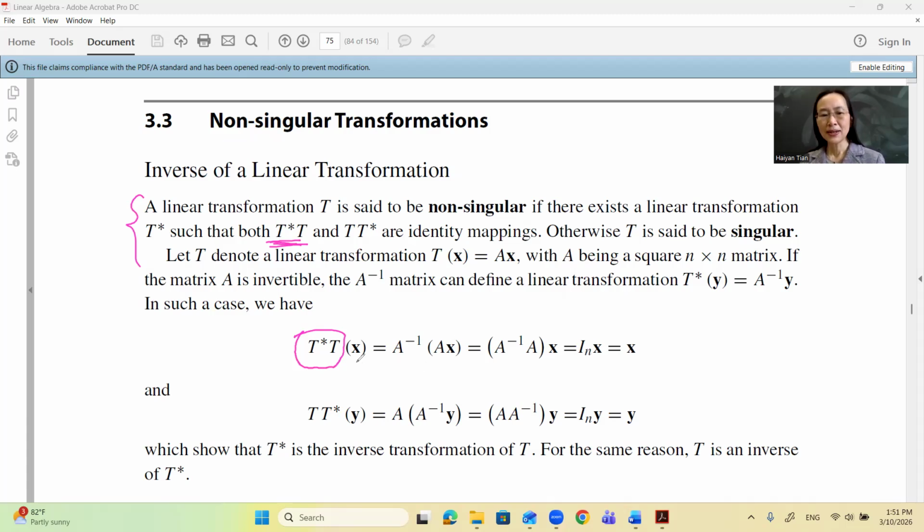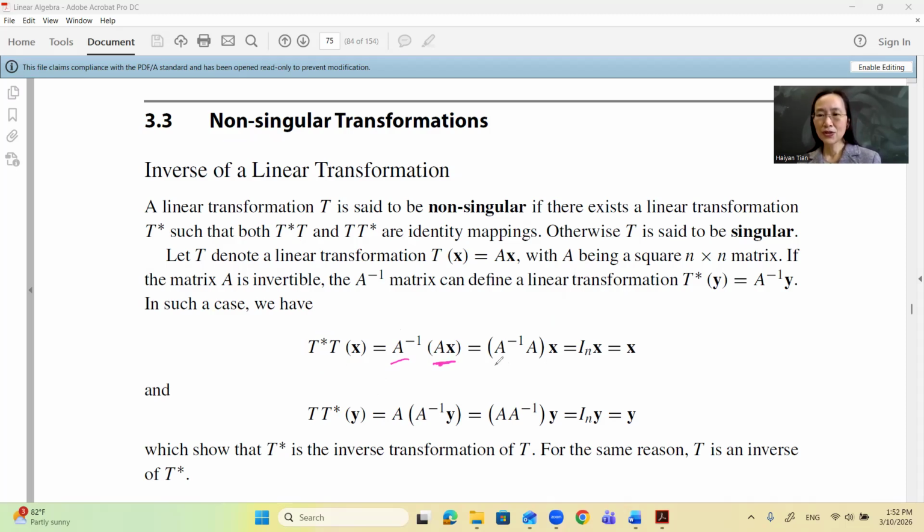So you just apply T first. For this composite mapping, we apply T, Tx, which is its transformation matrix A times X. And then next apply T star, which is defined by the inverse. So then apply the inverse onto this one, we will get the result.